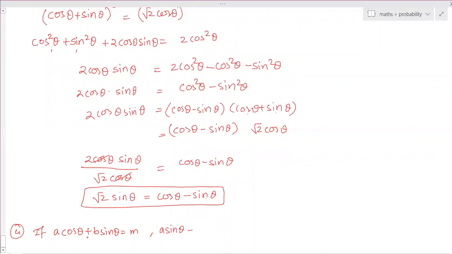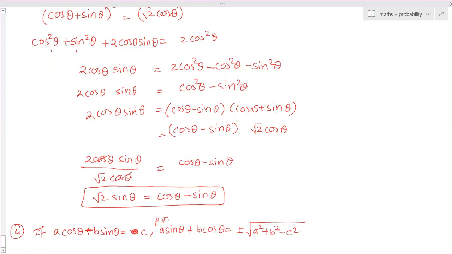A cos theta minus B sin theta is equal to C. Prove that A sin theta plus B cos theta is equal to plus or minus square root of A square plus B square minus C square.